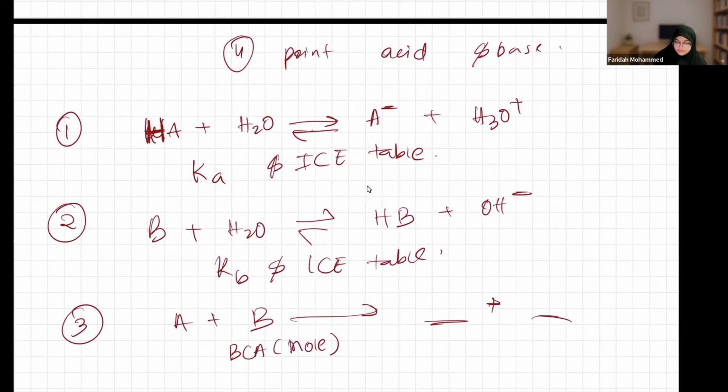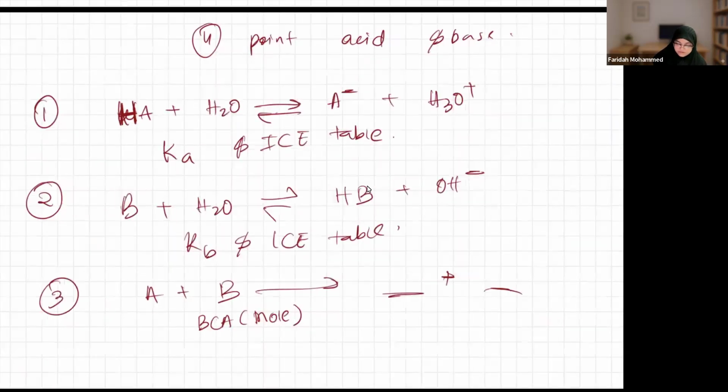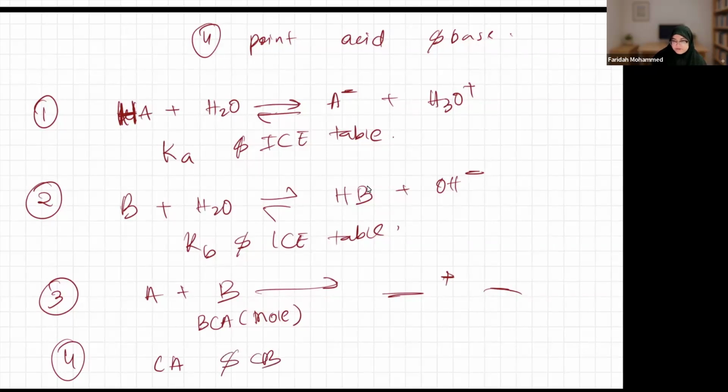And then the last one is your buffer, where you have conjugate acid and conjugate base. They're not going to react together though, okay? They're siblings, I call them siblings. So they do not react together, and you directly put them into the Henderson equation, which is pH equals pKa plus log of conjugate base over conjugate acid. You guys can take a picture of this.